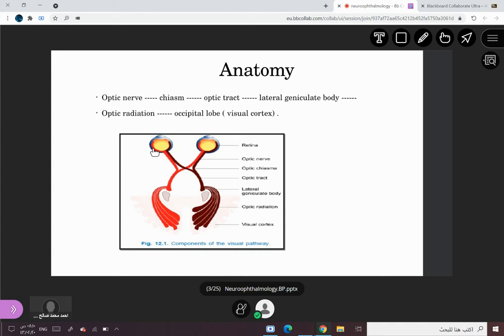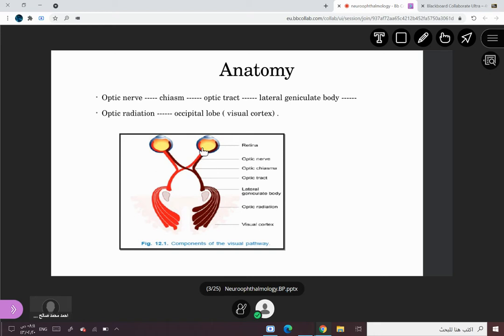Then the optic nerve is a component that will be going from the posterior part of the globe to the chiasm, then the optic tract, then lateral geniculate body, then optic radiation, and lastly occipital lobe or visual cortex.